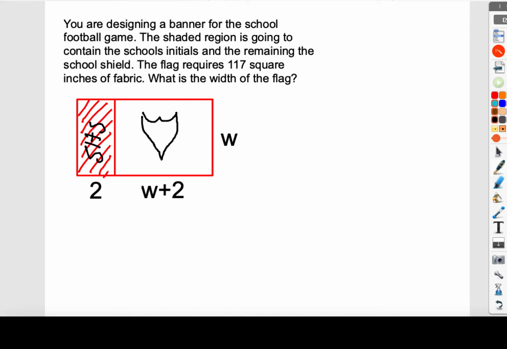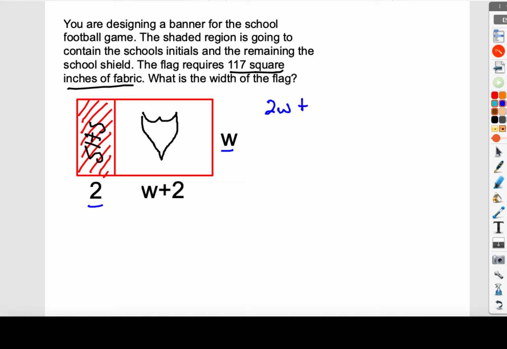Well, the idea is we know that the actual area of the flag, the fabric of the flag, is going to be 117 square inches of fabric. So the area of the figure needs to equal 117 square inches. We know that W times 2 is the area of the shaded region, so let's call that 2W.